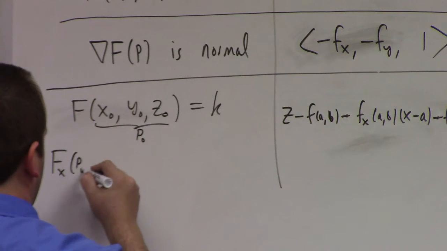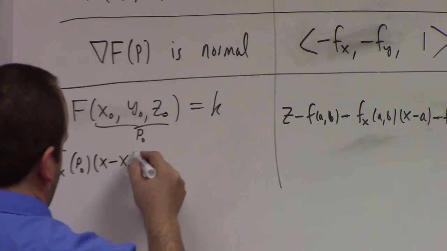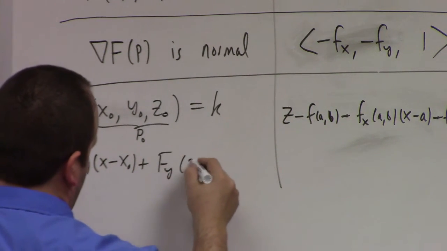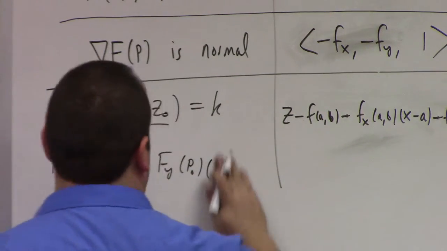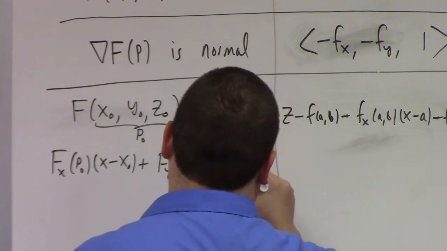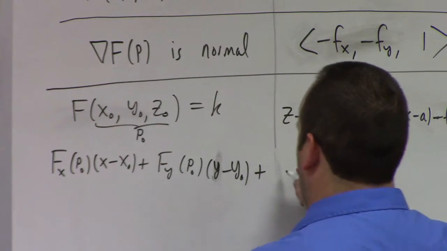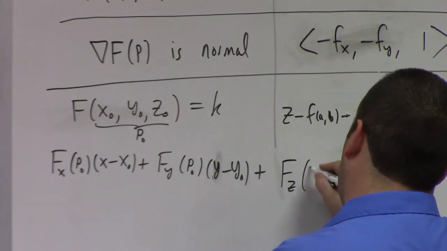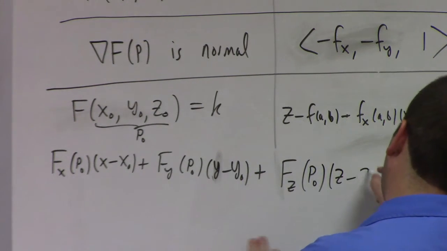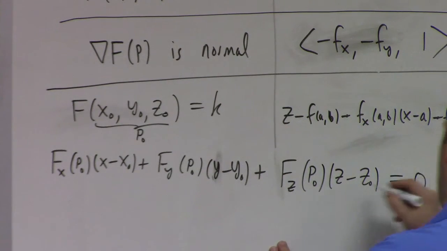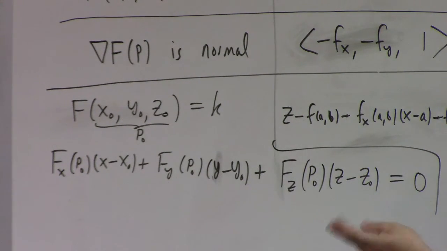Then f_x of p naught times x minus x naught plus f_y of p naught times y minus y naught plus f_z of p naught times z minus z naught would be the equation of the tangent plane, right?